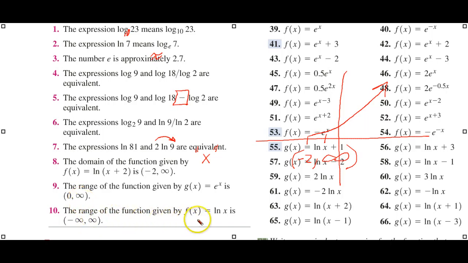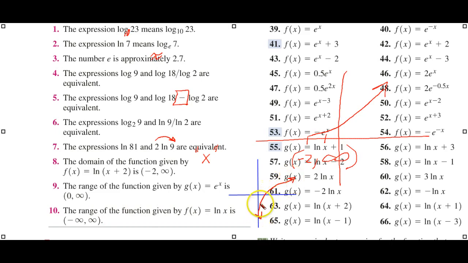And the range of the function given by the natural log of this, again they're saying, goes from negative infinity to positive infinity. Again, you'd have to graph this to see what the graph looks like. I just put it in my graphing calculator, and this is what the graph looks like.